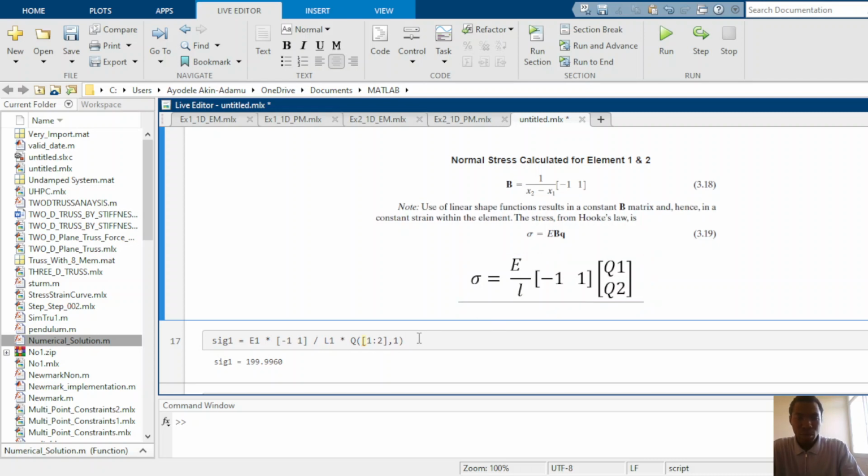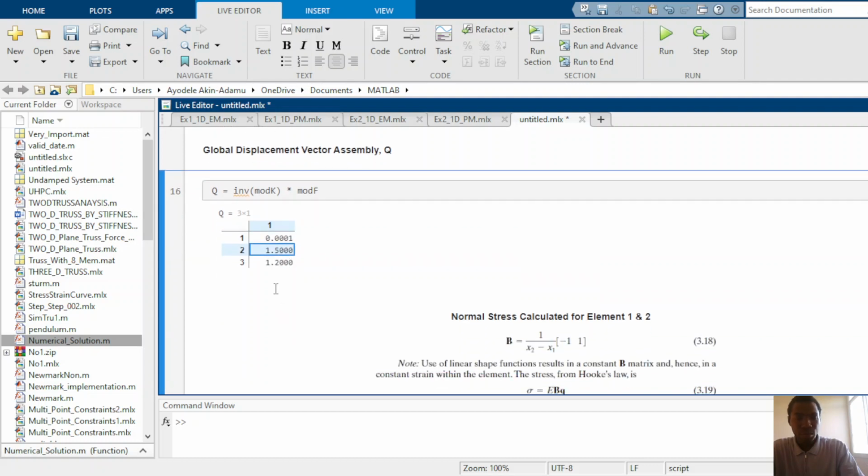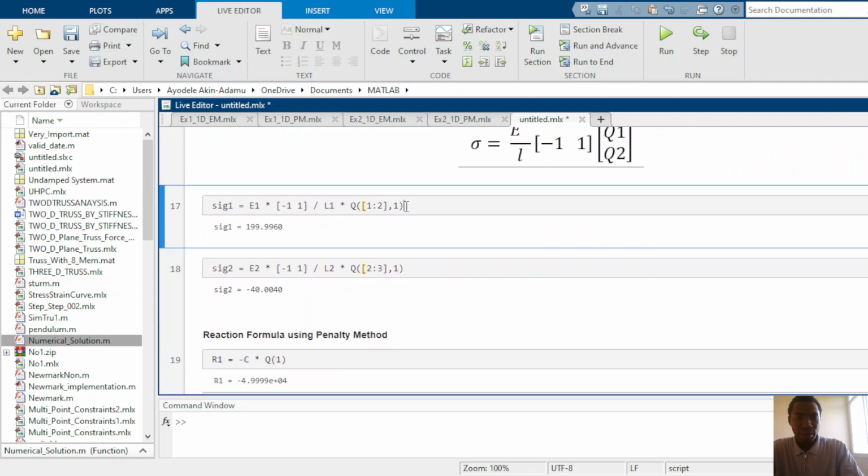Because element 1 is located between nodes 1 and 2, this is the quantity we use to compute our stress in finite element 1. 0.001 is our Q1 and 1.5 mm is our Q2. So I will extract these two values using this Matlab code here.